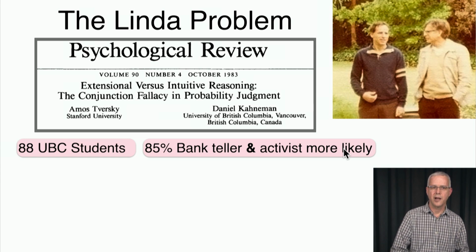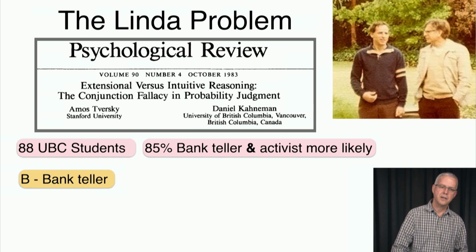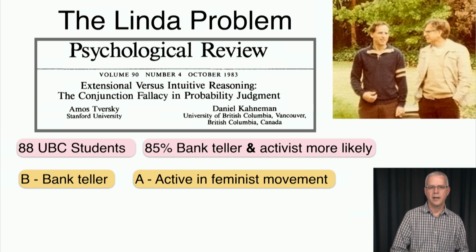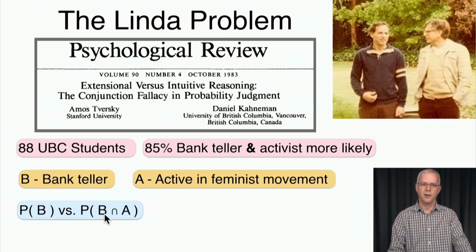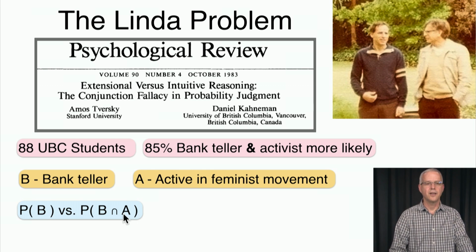Okay, now let's see what happens. Let B stand for the event that Linda is a bank teller, and let A stand for the event that she's active in the feminist movement. Then what we're asking is about the probability of B, that she's a bank teller, versus the probability of B intersection A, that she's a bank teller and active in the feminist movement.